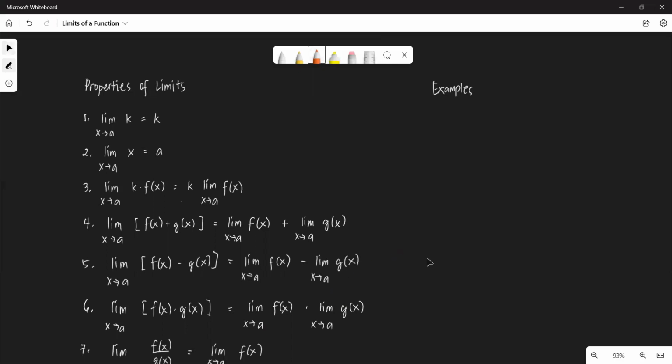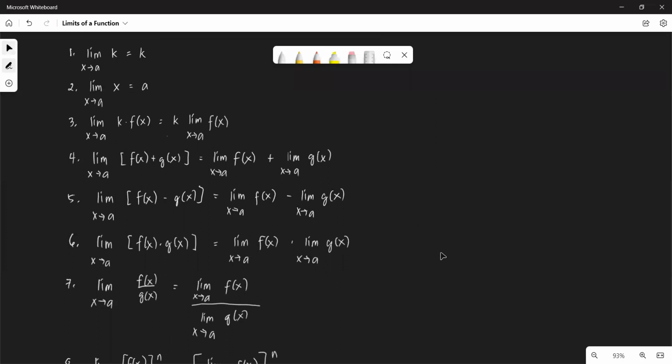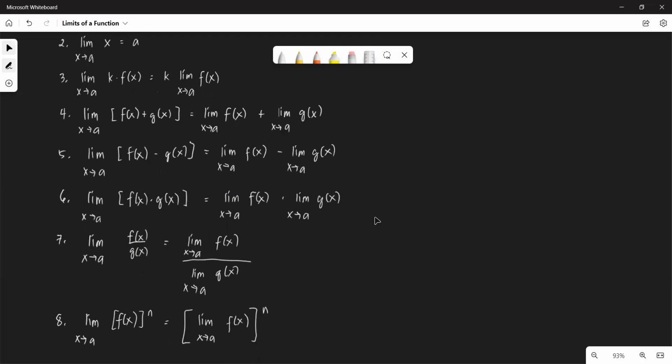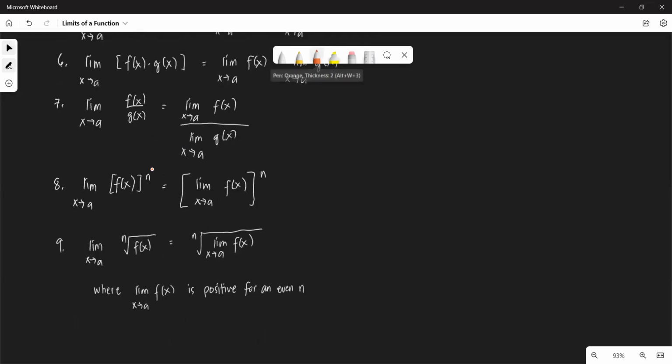Then number 7, so if we're going to have f of x divided by g of x as x approaches a, we get the limit of each function and do the division process. And below we have number 8. So if we have a function raised to the power of n and we get its limit, then we get the limit of the function before we raise it to a power of n.